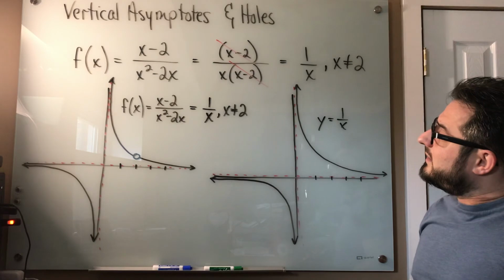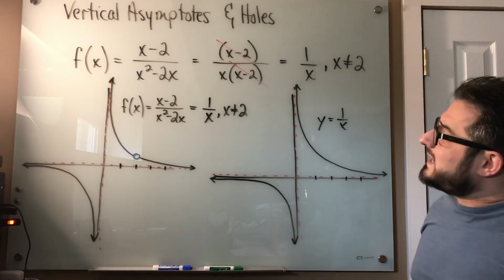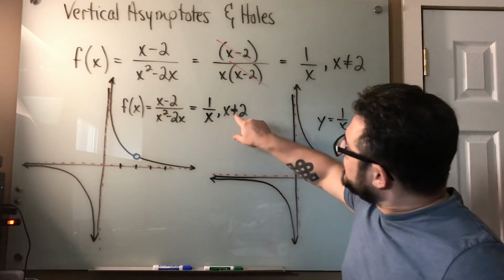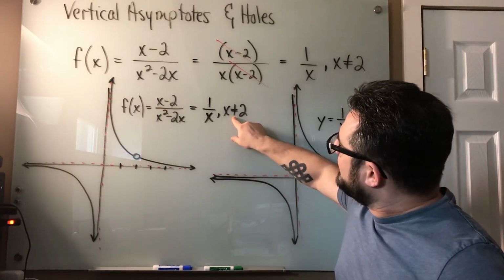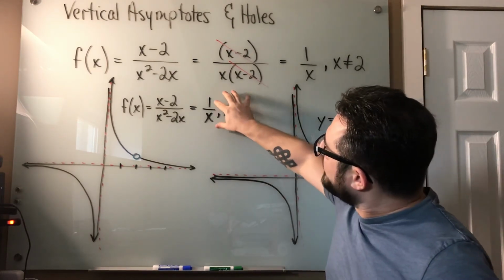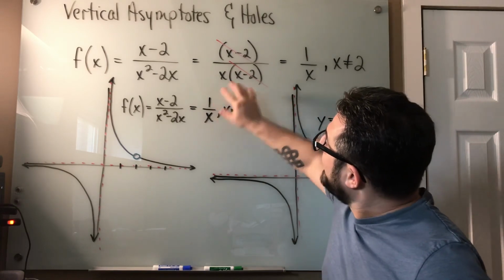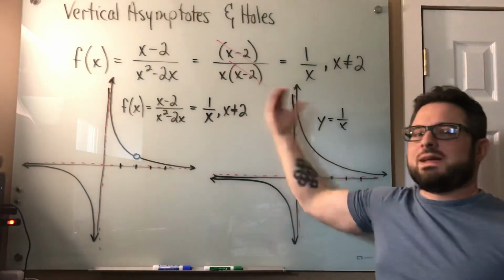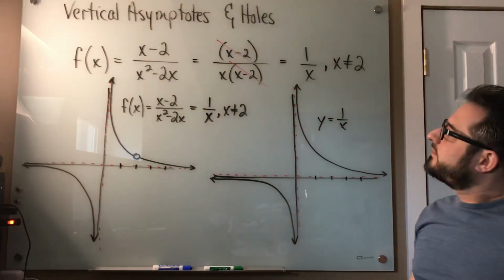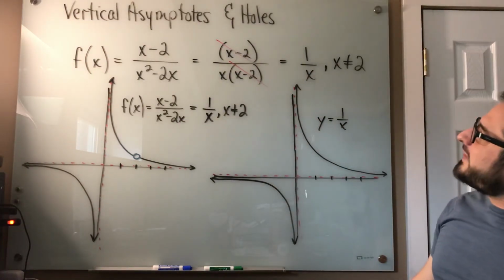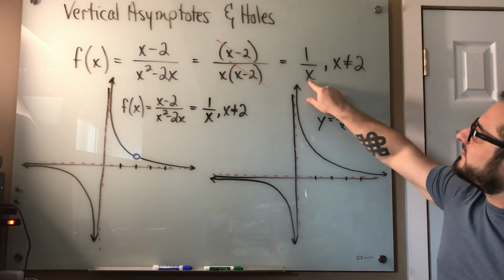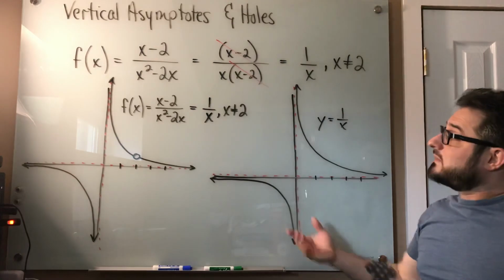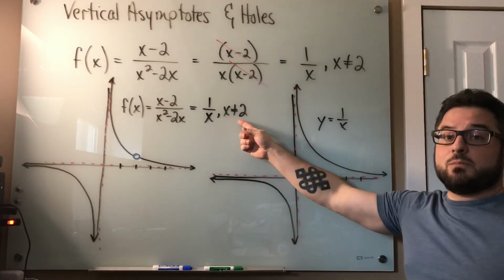So that's what makes it a hole versus an asymptote. Because aside from that point, and we would have no other way of knowing that that point is a problem except for the factor that caused it, which then simplified out. And aside from that point, this simplified version and the original are identical, aside from that one single point.